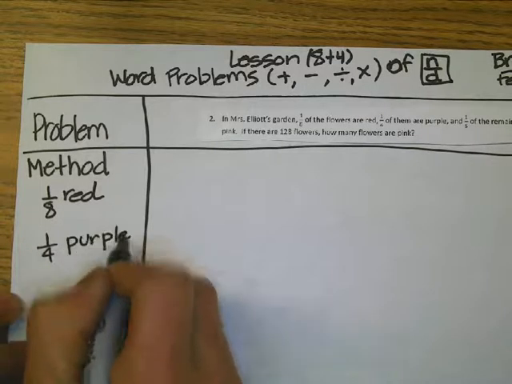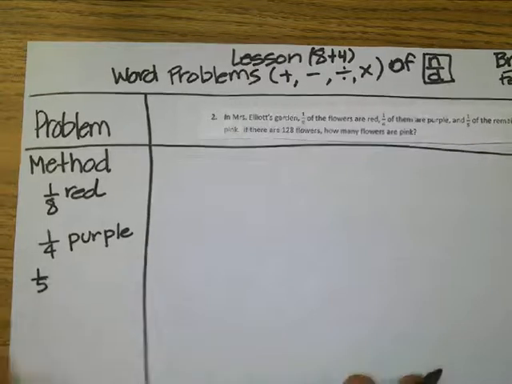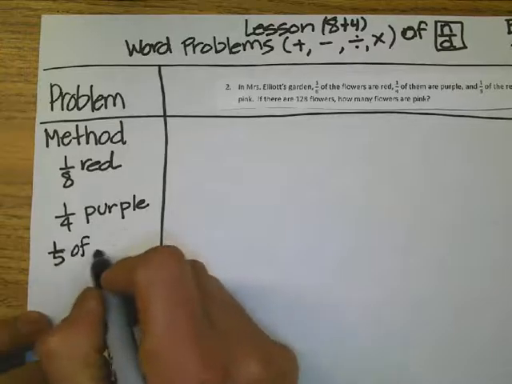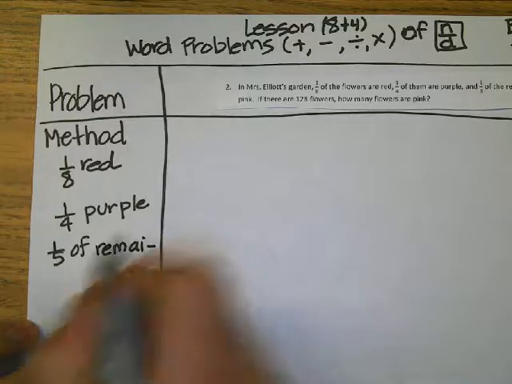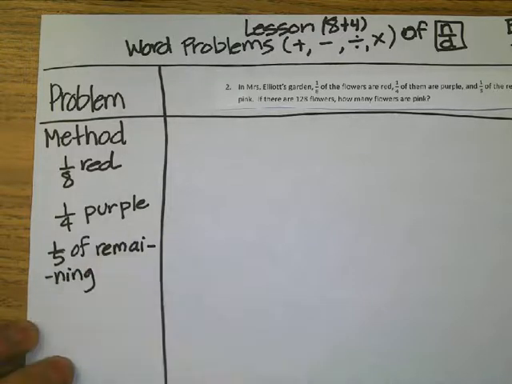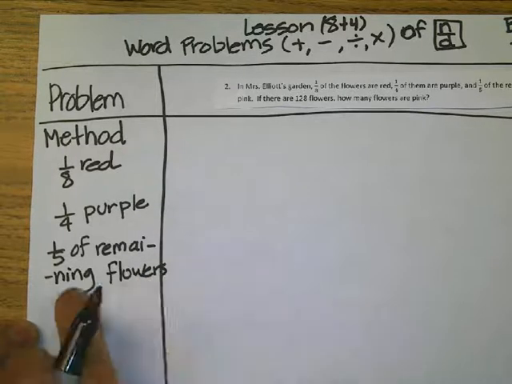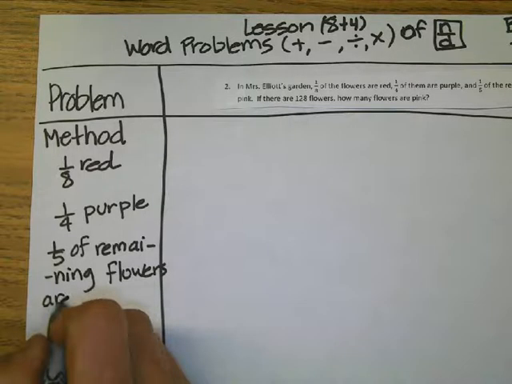And 1/5, now here's the crucial words in there: 1/5 of the remaining. Of the remaining flowers. This information is important and you will see why. Are pink. So there you have it, my friends.